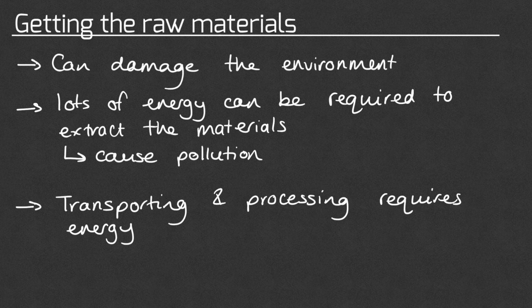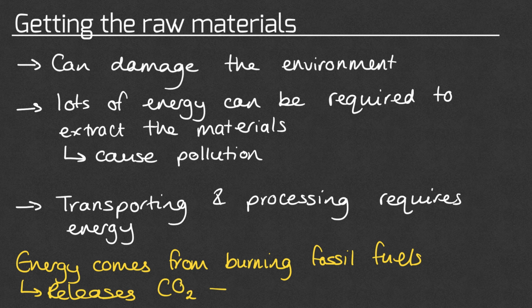Transporting and then processing those raw materials will also require a lot of energy. And again, it's important to remember every time we talk about the use of energy, it's probably going to come from a fossil fuel. This means it's going to release CO2 when it's burnt, and this will ultimately cause global warming.